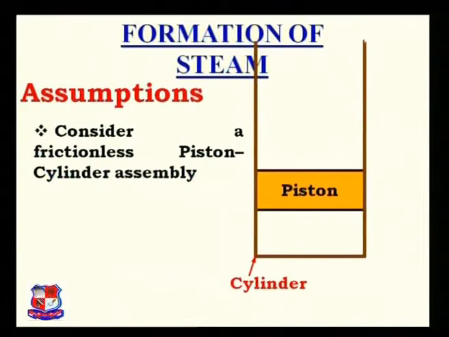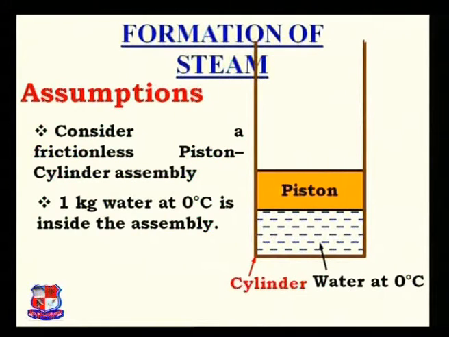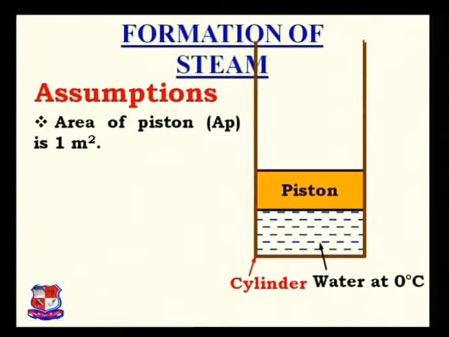Assumptions in the steam formation: the first one is to consider a frictionless piston and cylinder assembly. It means there is no friction, and we are filling it with 1 kilogram of water inside the piston and cylinder assembly, which is at 0 degree centigrade. It means we are going to generate the steam from water at 0 degree centigrade temperature. The third assumption is that the area of the piston is 1 meter square.